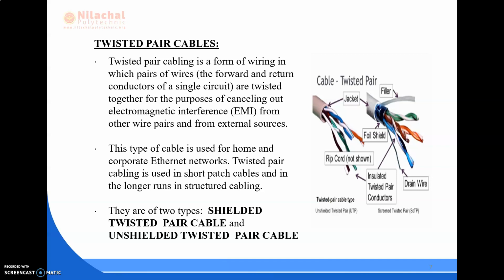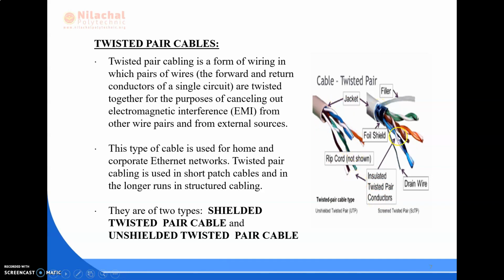There are two types of twisted pair cables. One is shielded twisted pair cable and the other is unshielded twisted pair cable. These two types exist basically because of their structure. In the unshielded twisted pair cable, there is only a single jacket and we have the insulated twisted pair conductors inside it.